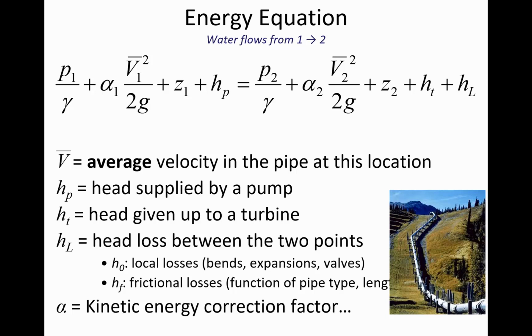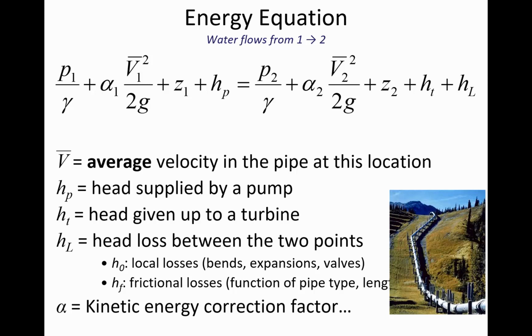And so if flow conditions are laminar, then you would use an alpha of 2.0, because using that average velocity in the calculation of the kinetic energy undercounts how much energy is actually there by a factor of 2.